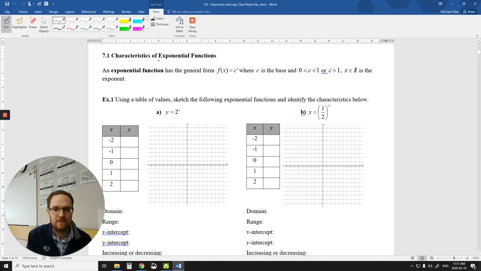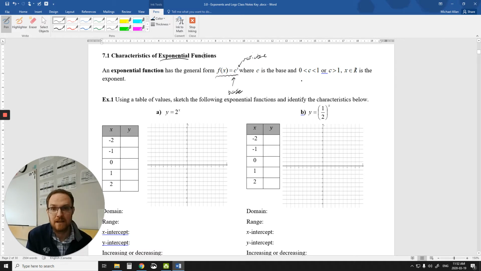An exponential function, if we recall, is a function a little dissimilar to a polynomial, in that it has a base at the bottom and the variable is the exponent. I'm just trying to figure out how the handwriting is going to look on this little tablet.